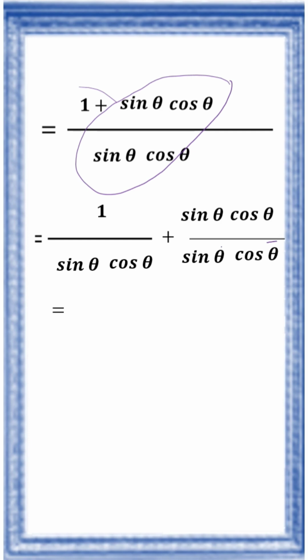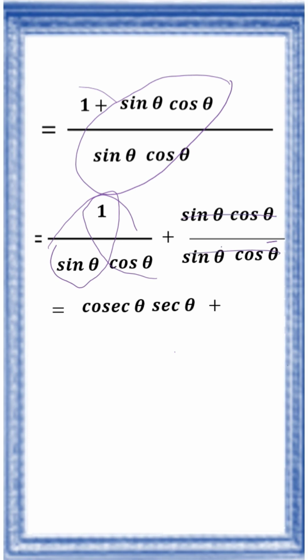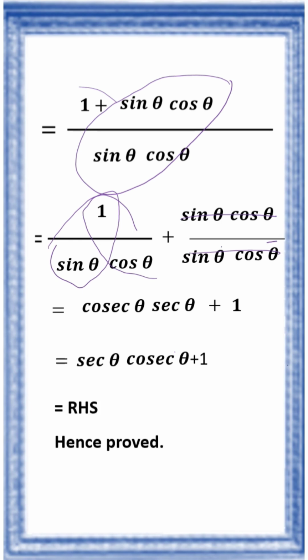So this is equal to 1 by sin theta, which is cosecant theta, into 1 by cos theta, which is secant theta, plus this and this get cancelled, 1. That is equal to secant theta into cosecant theta plus 1.